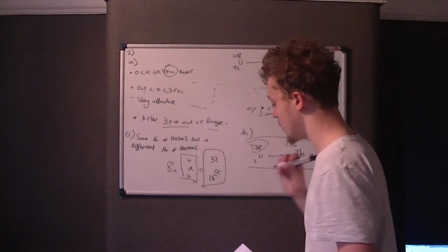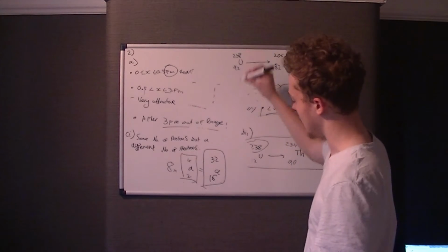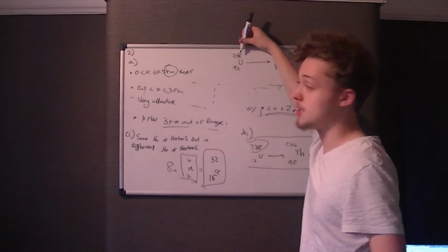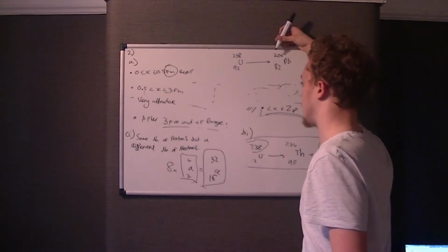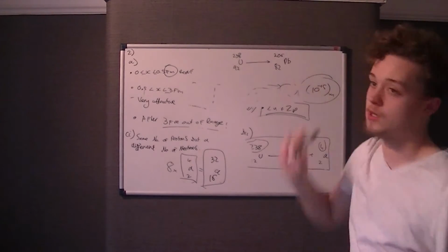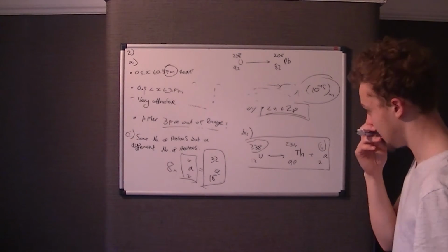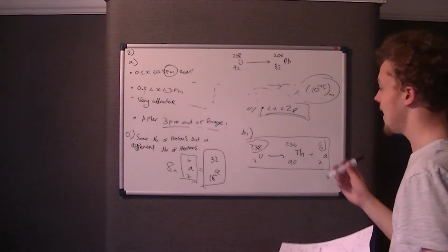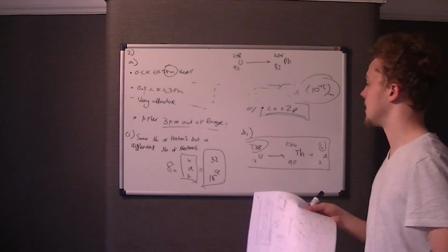So if we take away 32 and 16 from 238 and 92, you take 32 away from 238, and that gets you 206. We don't need to change the nucleon number. But when you take 16 away from 92, what we end up with is 76.